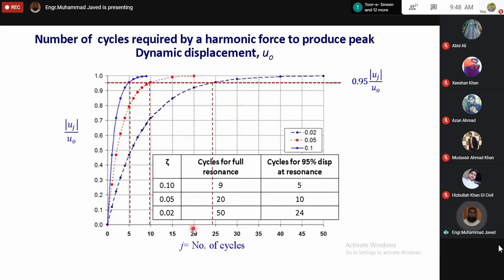So the smaller the damping ratio, the more cycles are required for the development of full resonance, and we can find displacement after any number of cycles with the help of the equation on the previous slide.